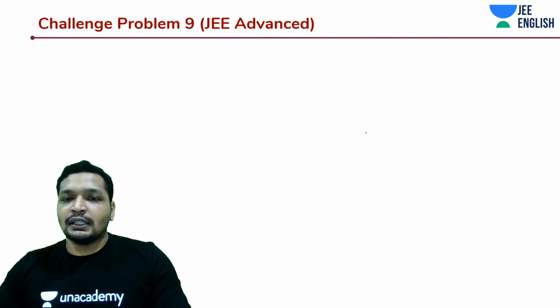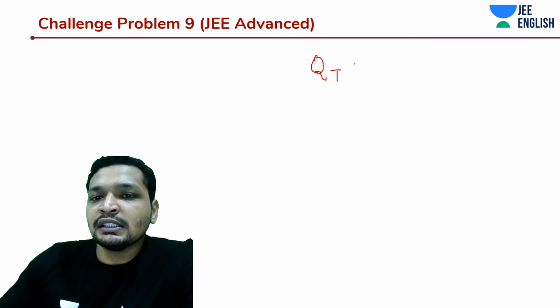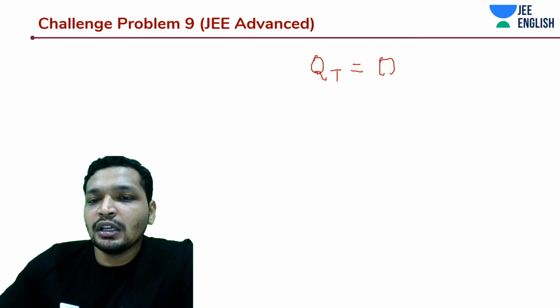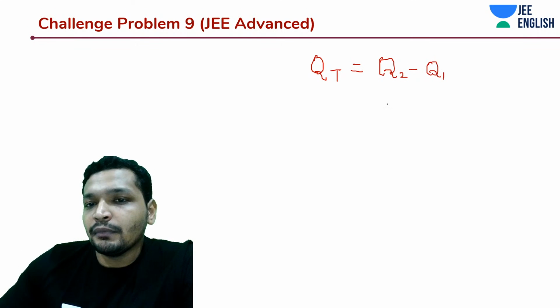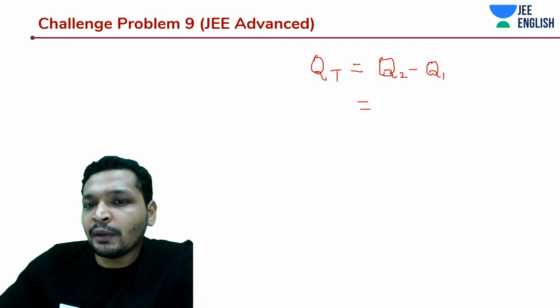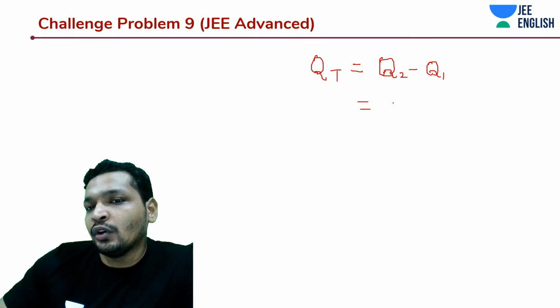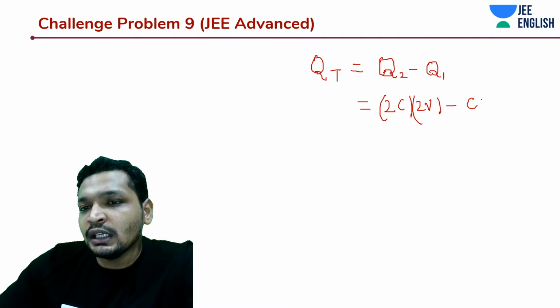Now let's understand things. Q total should be conserved, but in this case, how much is Q total? Q2 minus Q1. How much is Q2? I'm going to call the capacitor with 2V and 2C as Q2. So 2C times 2V minus C times V is conserved.